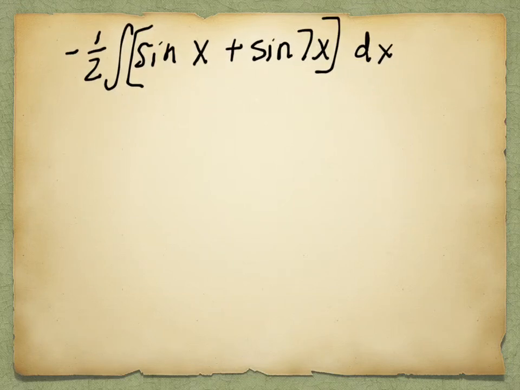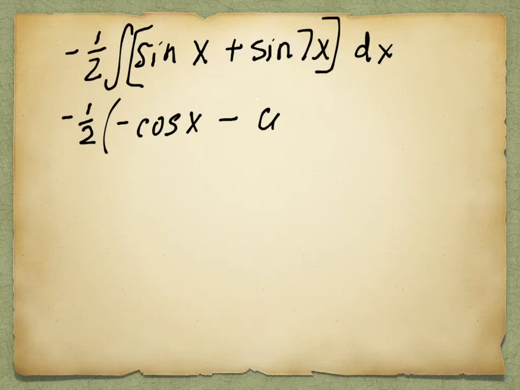Okay, so we're going to do the antiderivative then. All right, so what's the antiderivative of sine of x? Negative cosine of x. And what's the antiderivative of sine of 7x? Right. All right, anytime you have a multiple angle, it ends up being division when you take the antiderivative.